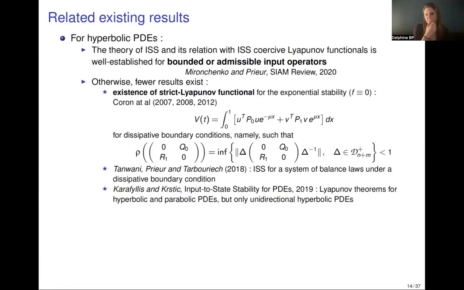It considers f equals 0. Sorry. So it is a Lyapunov functional of interest for proving the exponential stability of the system. But this is under this dissipative boundary condition, which is a bit conservative.